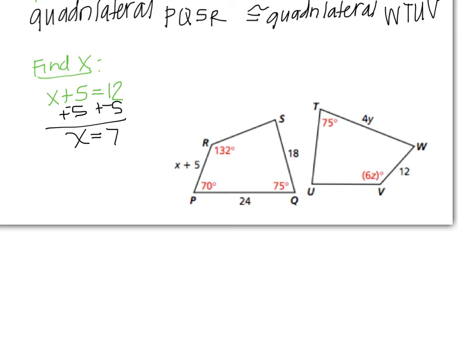Alright, let's try to find y. So if we look, y is right here between T and W, or W and T. So I have to find the correspondence, so that would be between P and Q, which is right here.